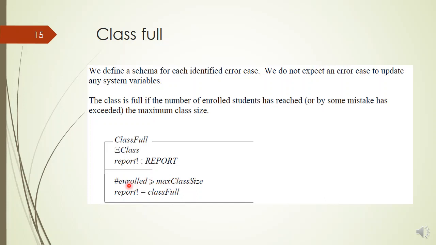Whenever the number of enrolled students is equal to the size of the class, then the class would be full and we can get output equal to class full, because this is a free type variable declared on free type, and this free type contains few values including class full. So this schema basically models getting the output in the form of a message that class is full.